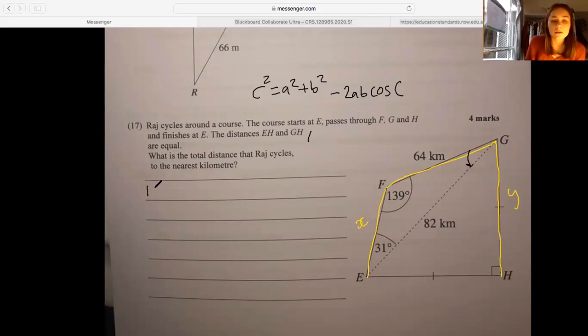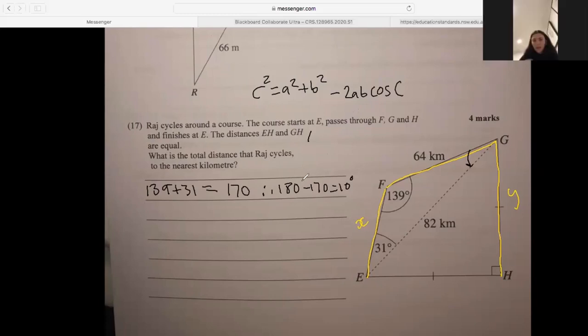So if you just do 139 plus 31 equals 170. Therefore, 180 minus 170 equals 10 degrees. Can I write that in? Yeah.